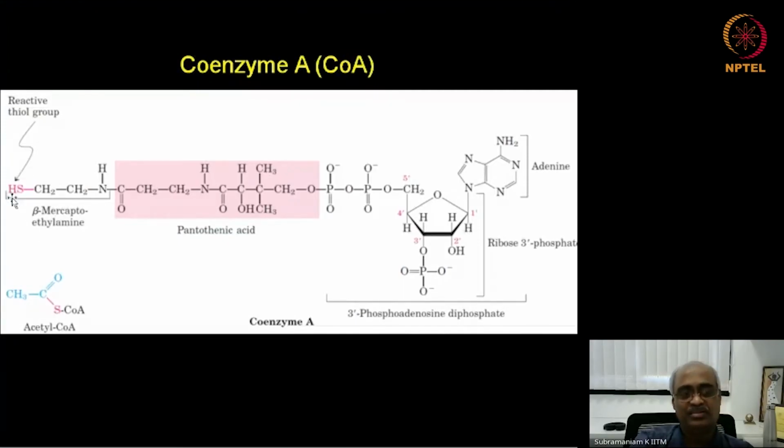This is an alcohol group, a thiol, a sulfur-based alcohol. To that, the aldehyde carbon which is oxidized to carboxylic acid is going to be in ester linkage. That is the end product that is going to form. So the end product is actually the 2 carbons of the pyruvate attached to this sulfhydryl group of this coenzyme A. This whole molecule is abbreviated simply by these 3 letters here.